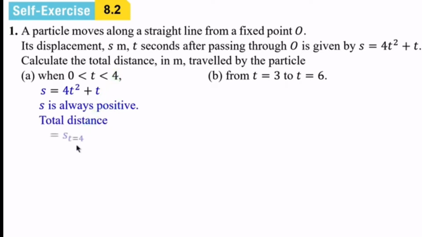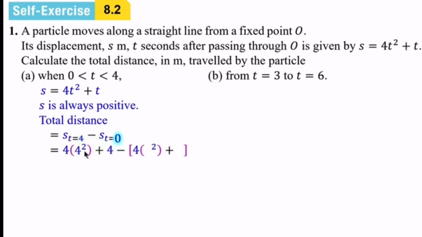So let's see how. When we want to find the total distance, basically we substitute t equal to 0 to see where the particle is, and t equal to 4 to see where the particle is, and make sure the measure is positive. Make sure the particle is not changing direction, then we can just subtract.